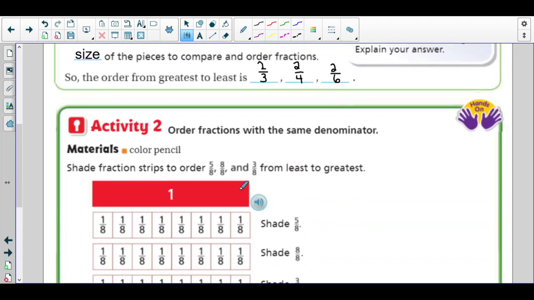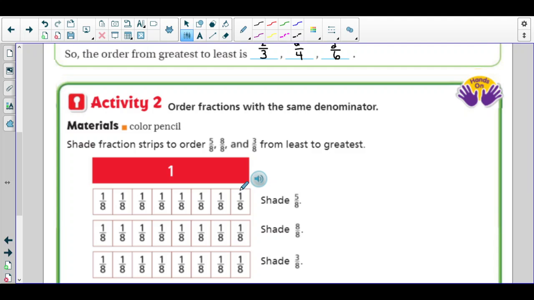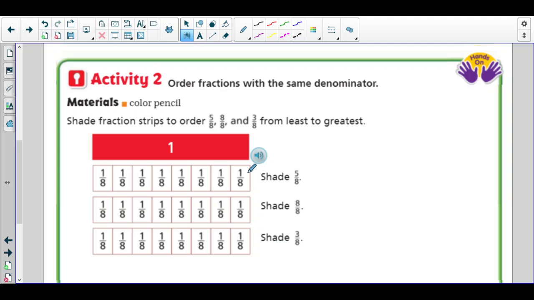All right. Now let's take a look at this one, and this one's a whole lot easier. All right, so we started with the hard one, and then we're going to get to this easy one right here. Okay, order fractions with the same denominator. Remember with the same denominator that really all that we're doing is ignoring the denominator and looking at the numerator, the top number.